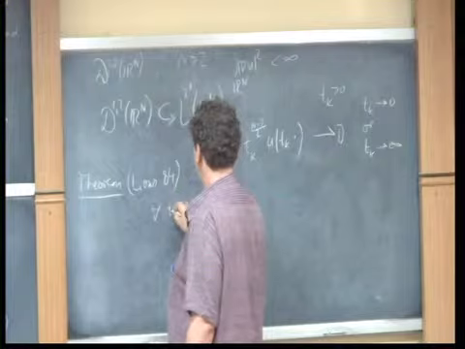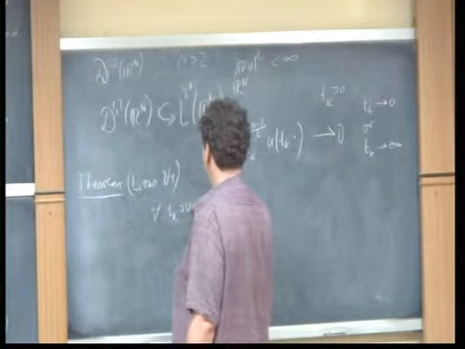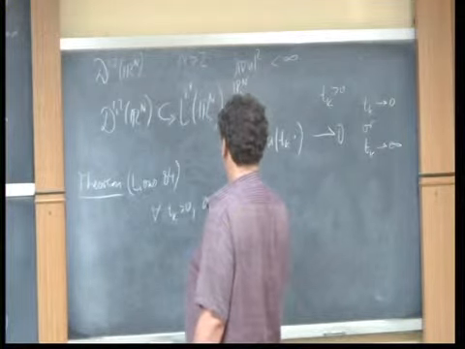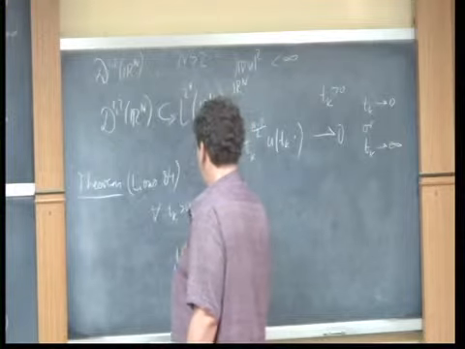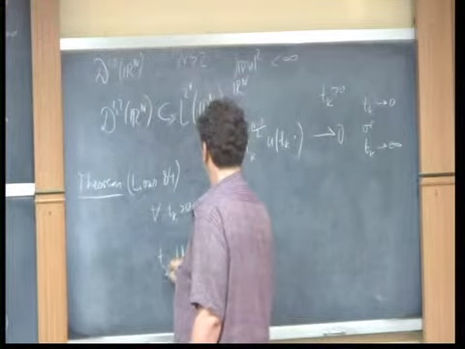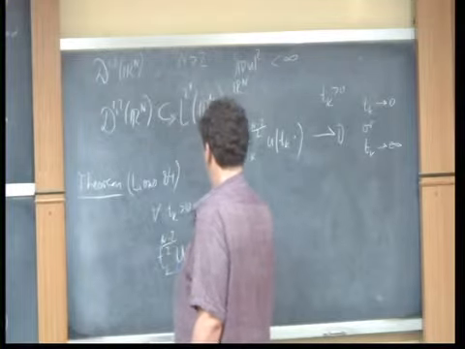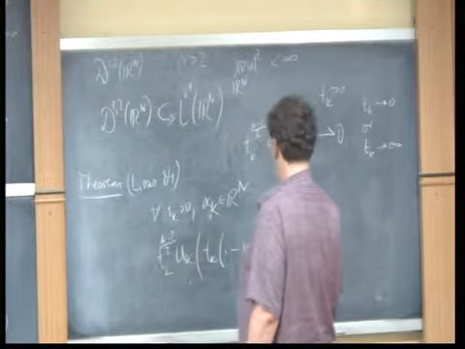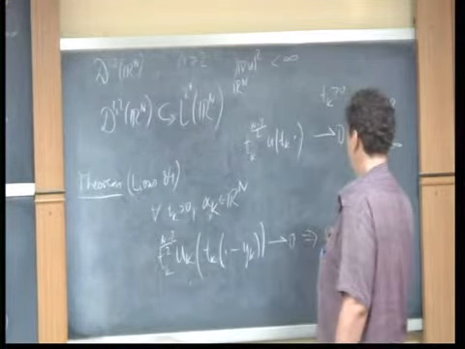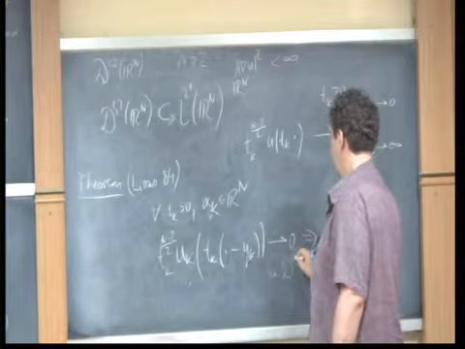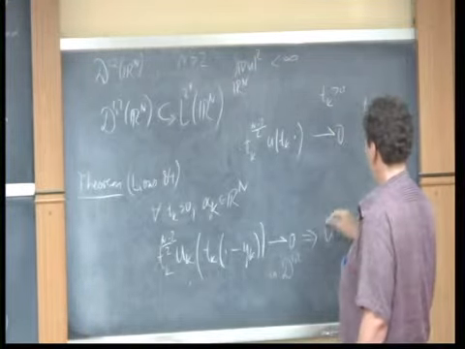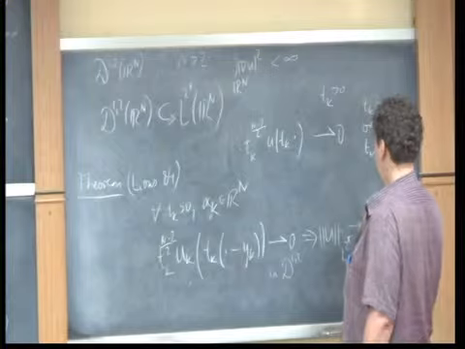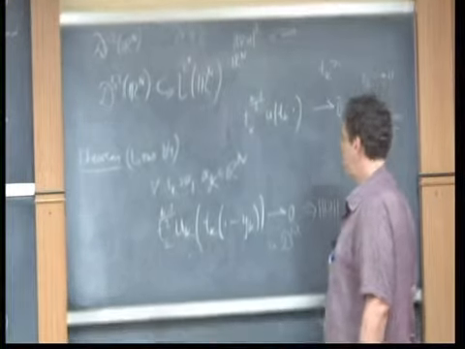If for every sequence t_k greater than 0 and y_k in R^n, u_k renormalized, rescaled, and translated goes to 0 in D^{1,2}, then it goes to 0 in the L^{2*} norm.